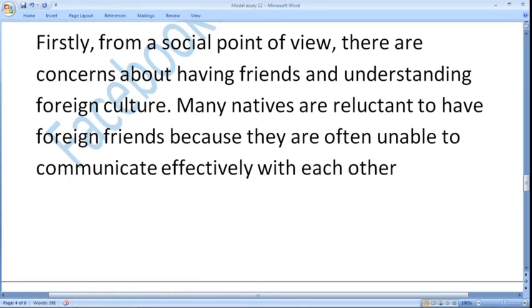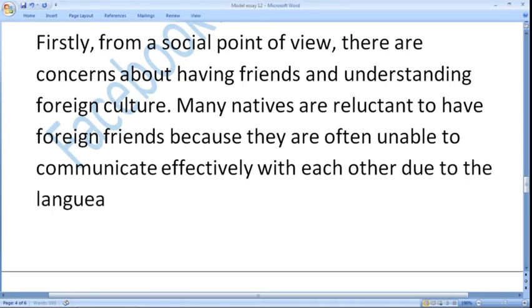Why? Due to the language barrier. Due to the language barrier. Look at the spelling of barrier, it is very important. So, many natives are reluctant to have foreign friends because they are often unable to communicate effectively with each other due to the language barrier.